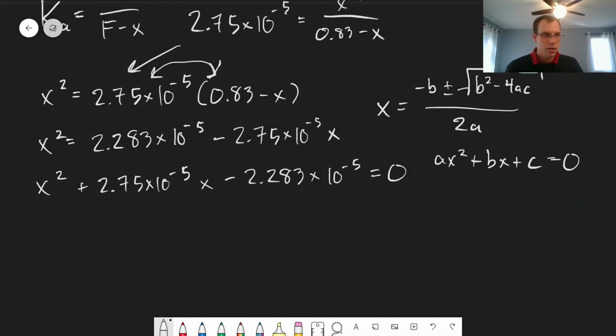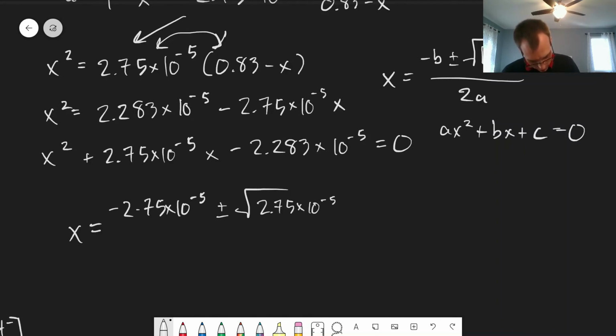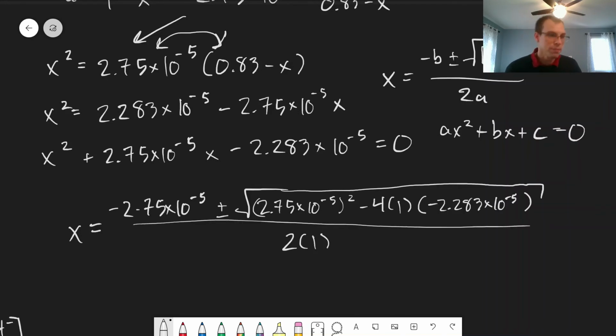Okay, so that means we can plug this in and get that x is equal to negative 2.75 times 10 to the minus 5 plus or minus the square root of 2.75 times 10 to the minus 5 squared minus 4 times 1 times negative 2.283 times 10 to the minus 5, all that under the square root, divided by 2 times 1.